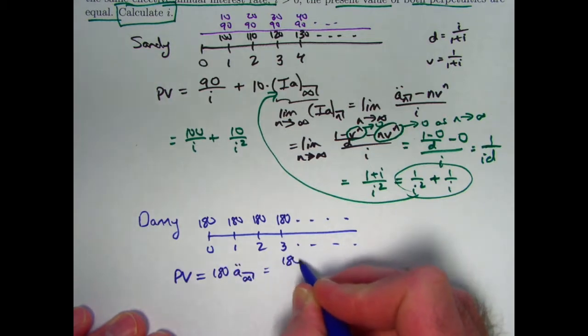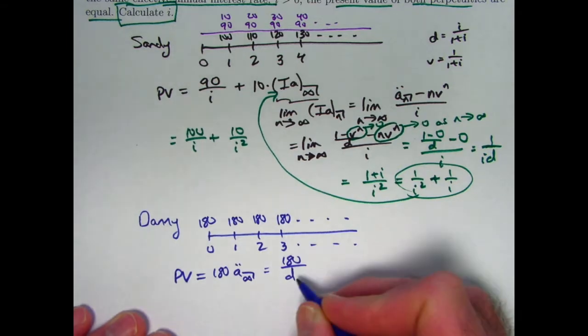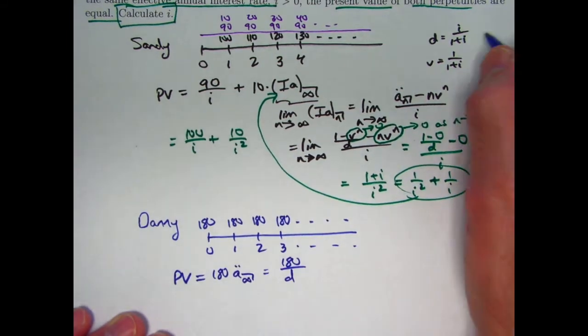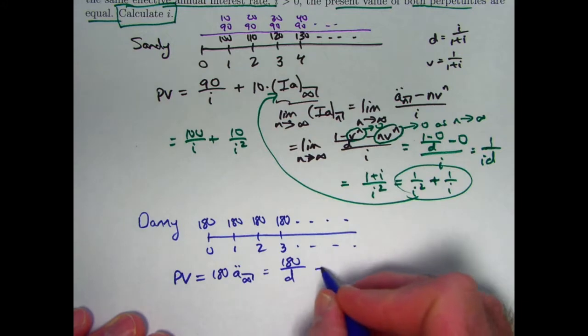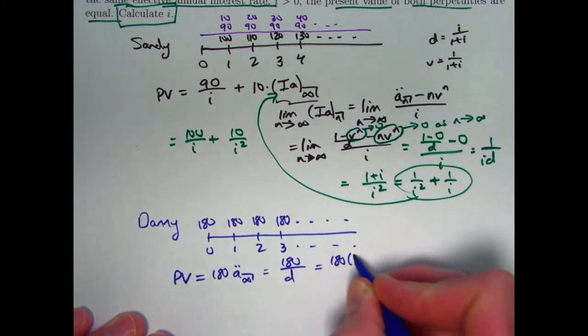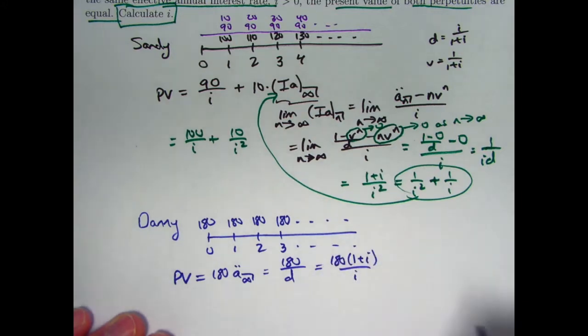That would be 180 over d, where d once again is the present value discount rate. It's I over 1 plus I. Therefore, this can also be written as 180 times 1 plus I over I.